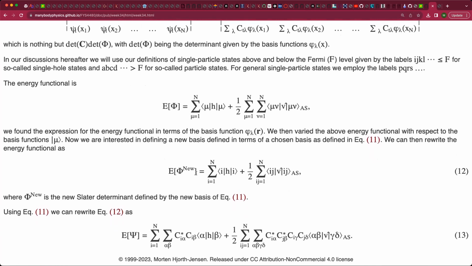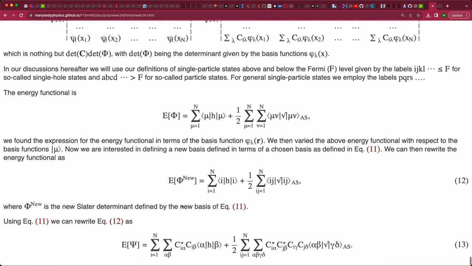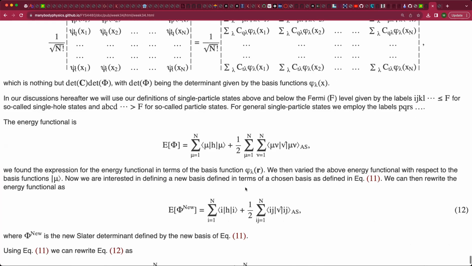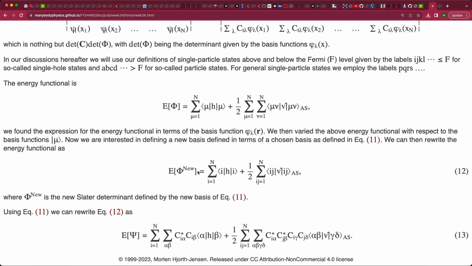That means that when I transform the Slater determinant, this new one, and that's defined by the new basis, which we have up here, then this expectation value should actually be phi nu here, not psi. So this is a typo from my side. This one should replace that.